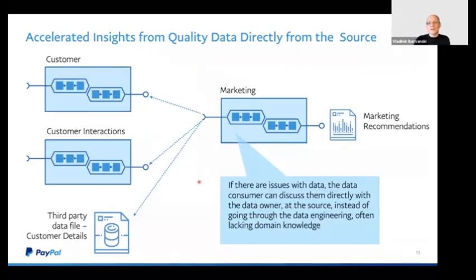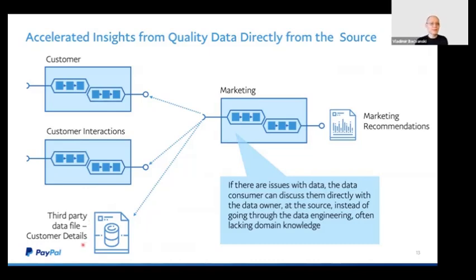Now, we are saying that this leads to accelerated insights. And why is that so? So imagine a hypothetical application where you have a customer platform that produces data about the customers. You have a platform that is keeping track of customer interactions, like what websites they visit, what ads they click on. And imagine if we would like to improve on the richness of the data.